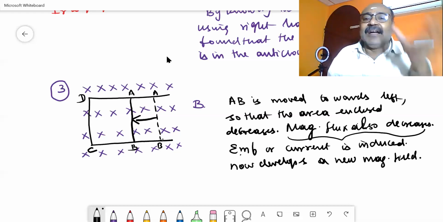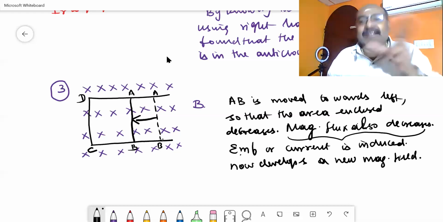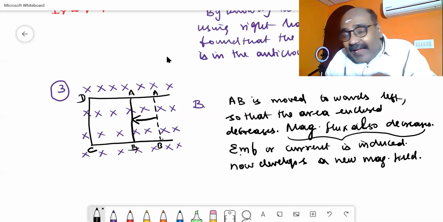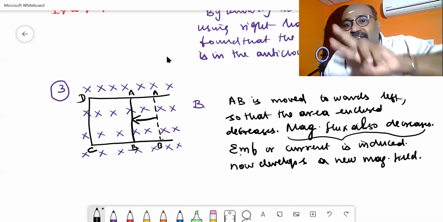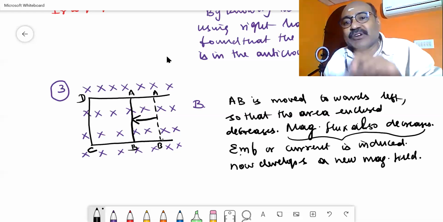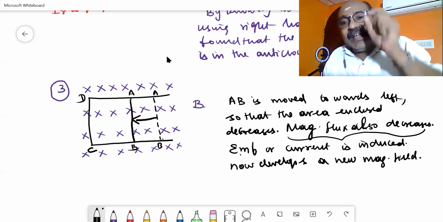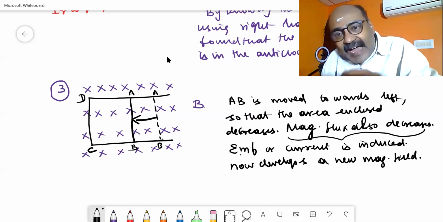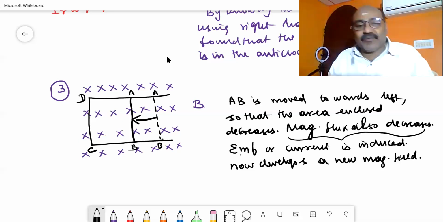According to Lenz law, if flux decreases, then it should oppose the cause. So because of that, we are getting EMF. That EMF should develop a magnetic field which opposes the decrease. Which opposes the decrease means the new magnetic field developed should get increased, which is in the same direction as that of the existing magnetic field.